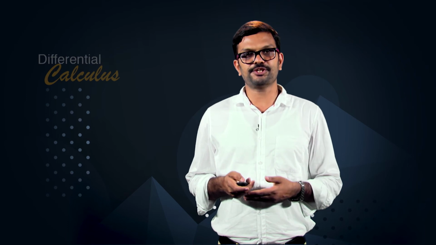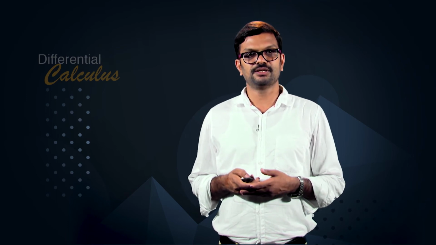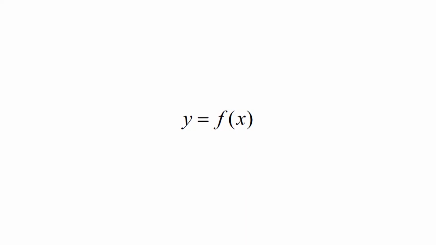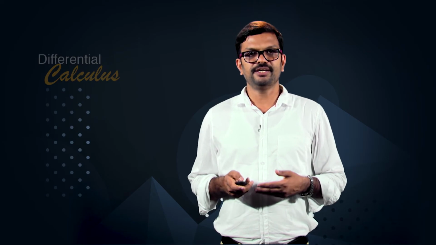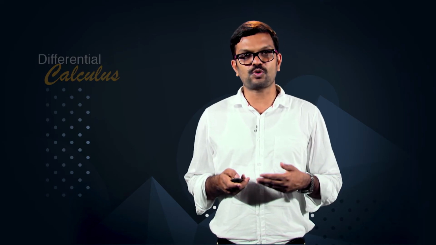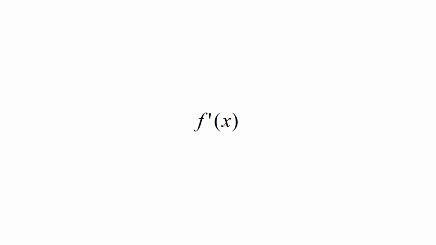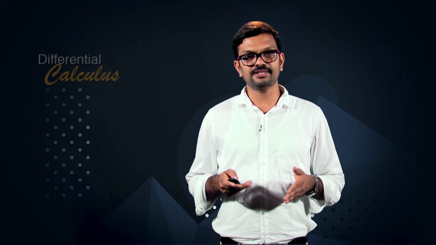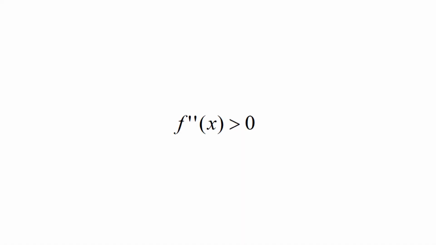If the second derivative f double dash of x exists, then the concavity property of the curve y equal to f of x can be explained in terms of derivatives. In fact, a curve y equal to f of x is concave up in an open interval I if the derivative f dash of x is increasing in I. We know that the function f dash of x is increasing if and only if its derivative f double dash of x is greater than 0.